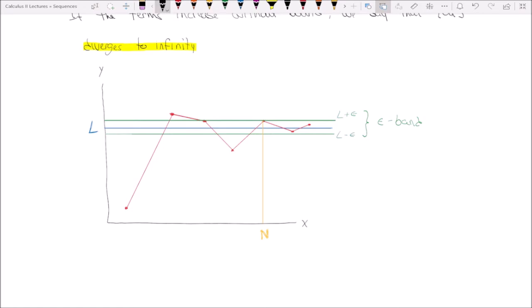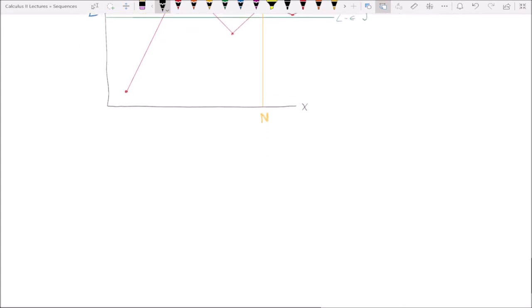And there are two useful facts. First, the limit of the sequence does not change if we change or drop finitely many terms.